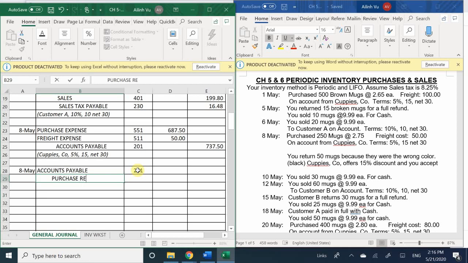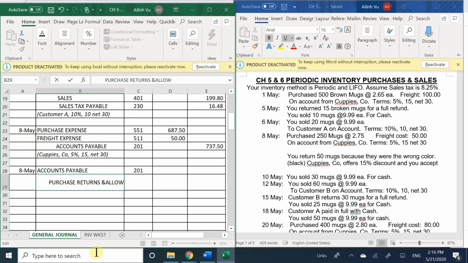Anybody? Why aren't we using purchase discount? Because we're returning? Well, we didn't return it. They denied us and said, "Hey, we'll give you a discount." And we said, "Okay, I'll accept it."